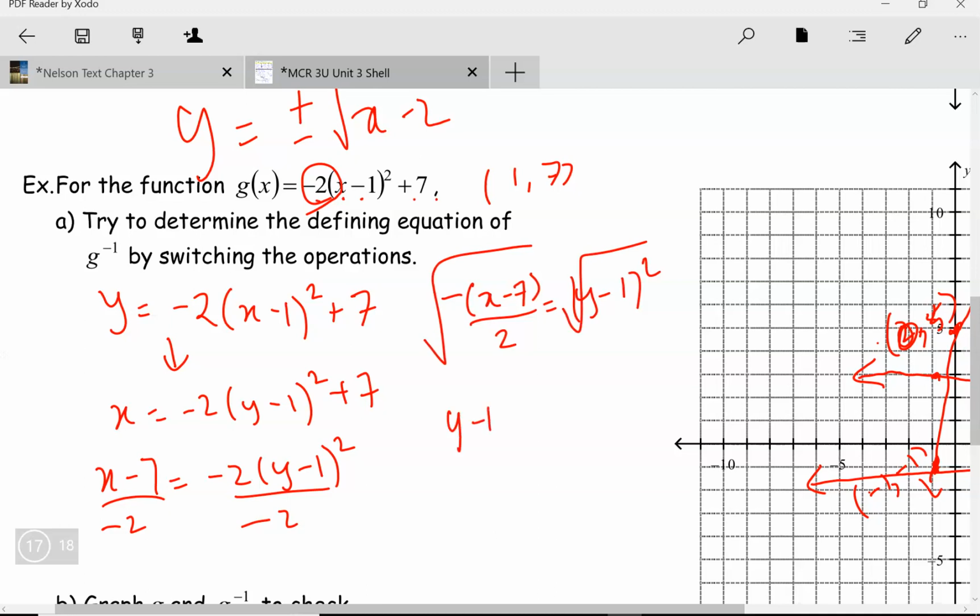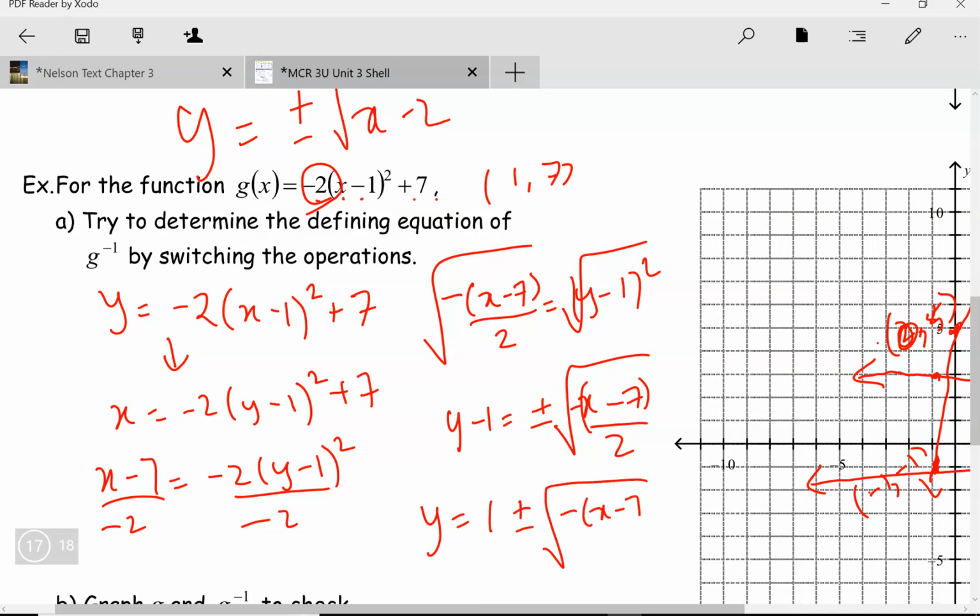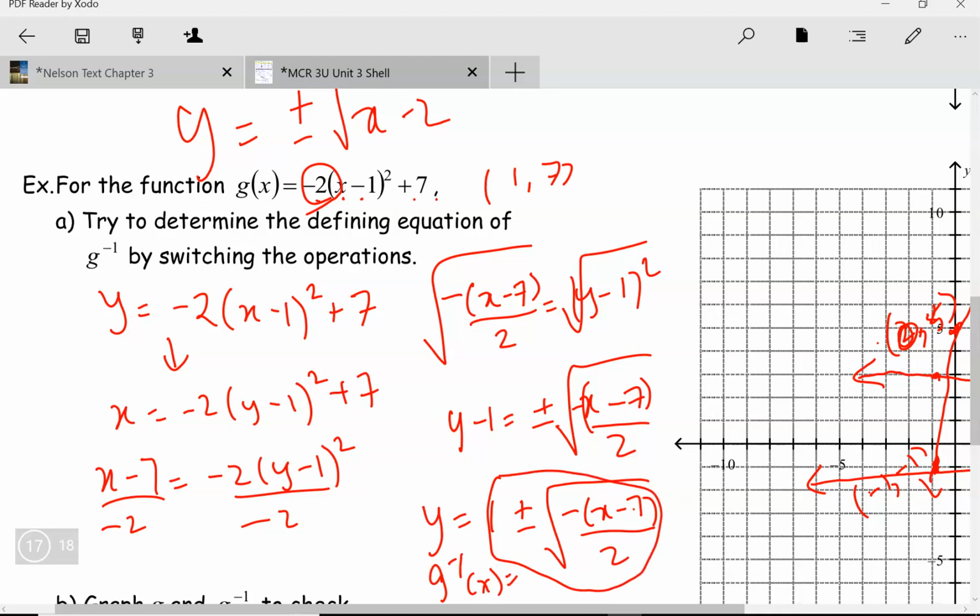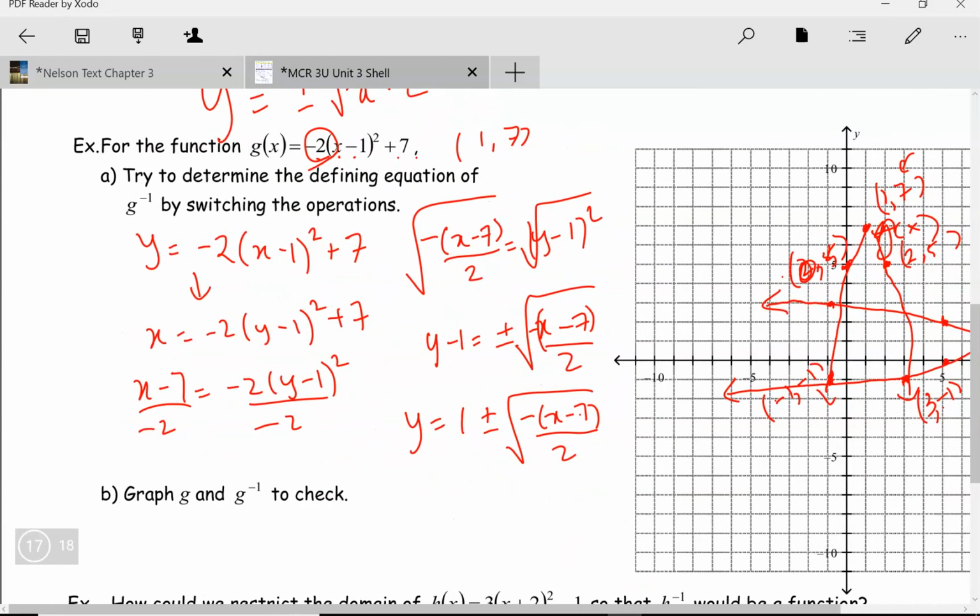So y minus 1 equals plus or minus the square root of (-x minus 7) over 2. So y equals 1 plus or minus the square root of the negative of (x minus 7) over 2. And this is my g inverse of x equals this. Whatever, you get the idea.